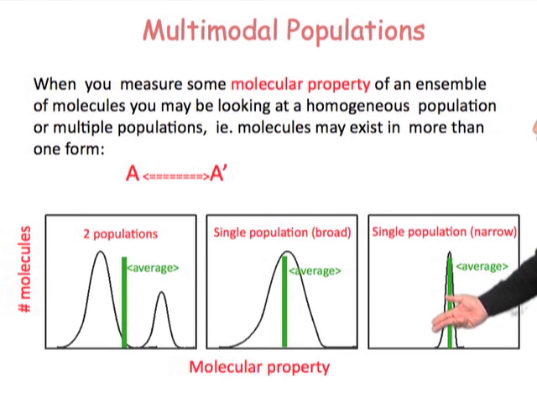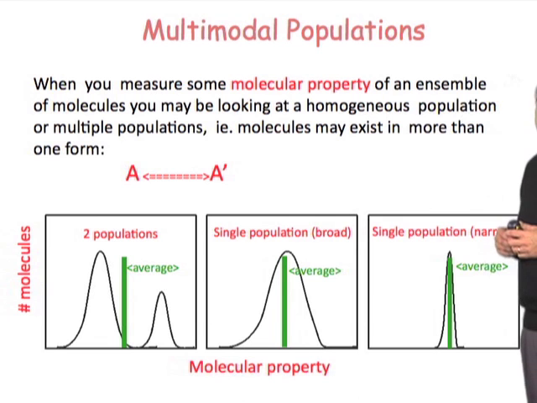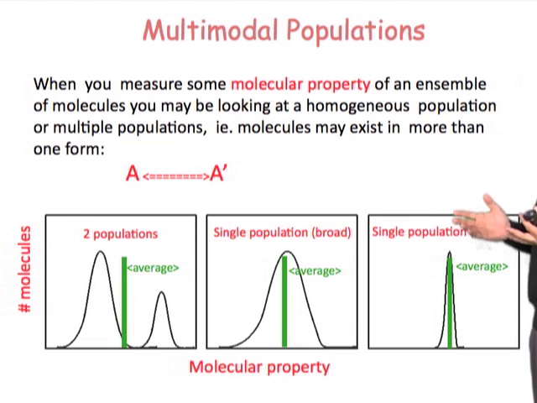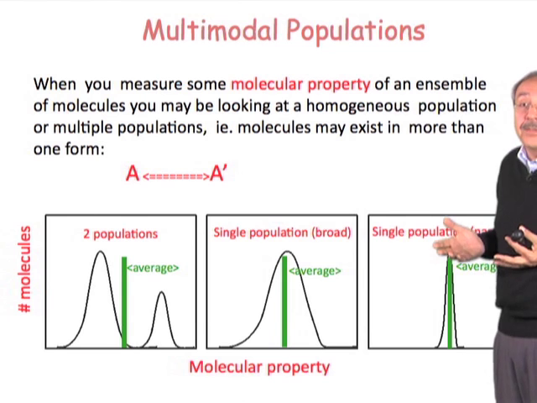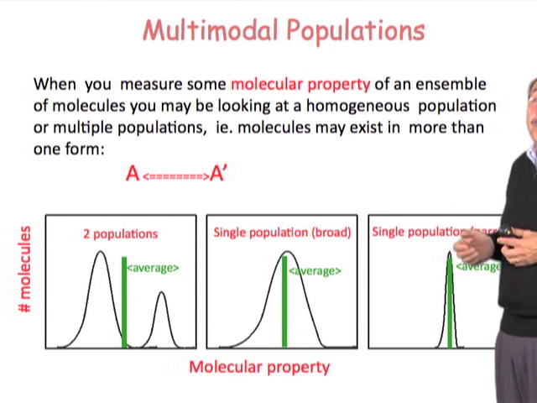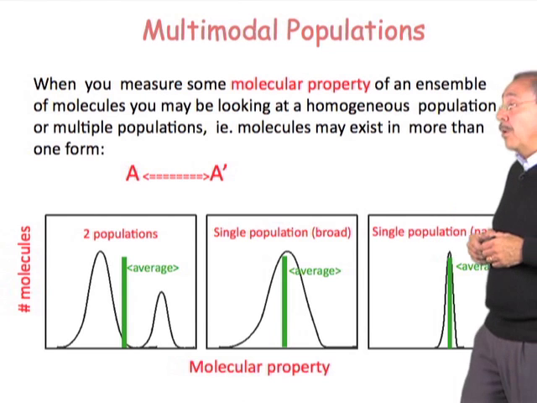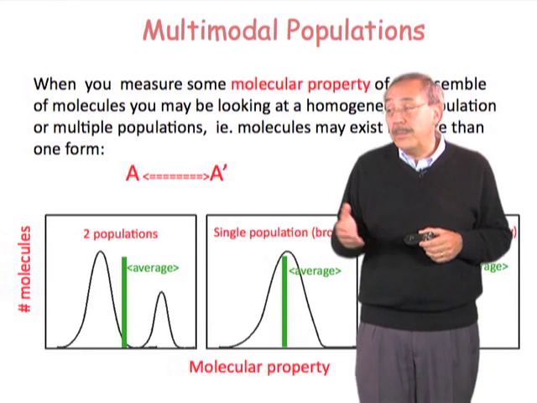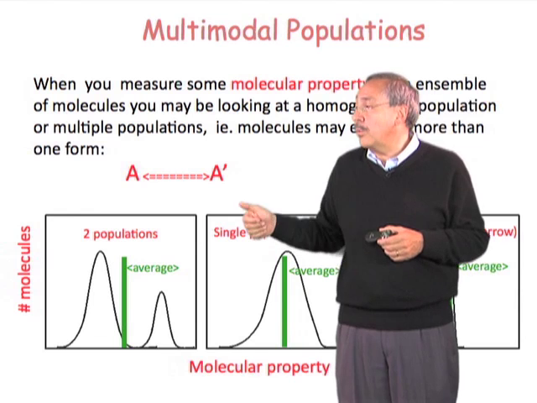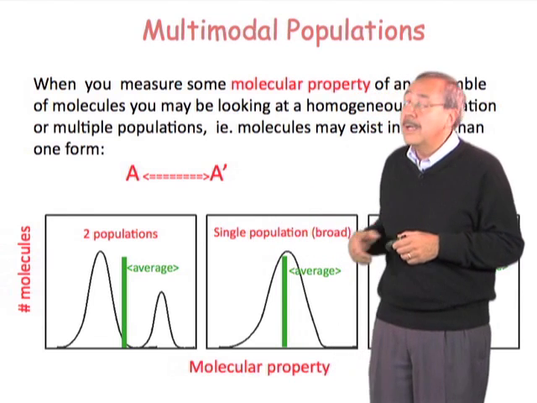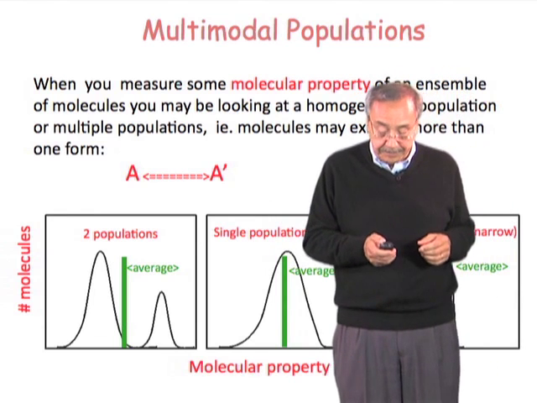So notice, in fact, that in these three panels, the one on the left, the one in the center, the one on the right, a bulk method, an ensemble method, will give you the same answer, even though the behavior of these molecules is very different, because in one case you have a multimodal population, whereas in the other two cases you have actually a single population.